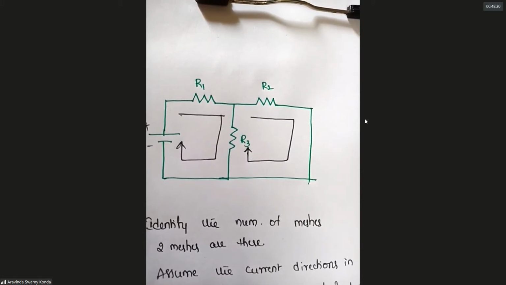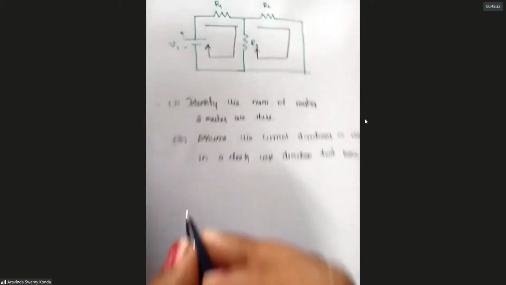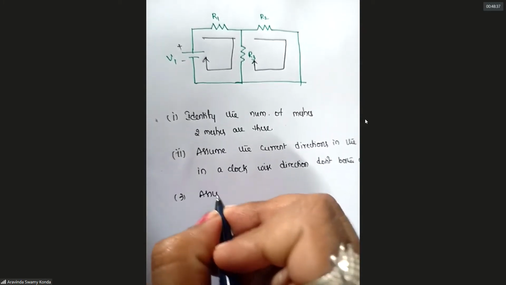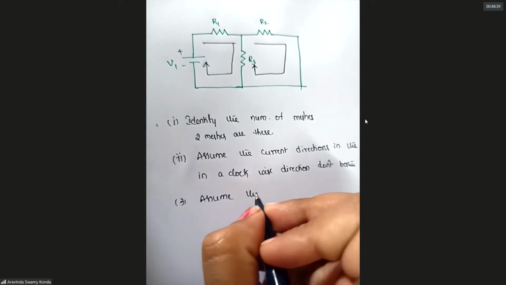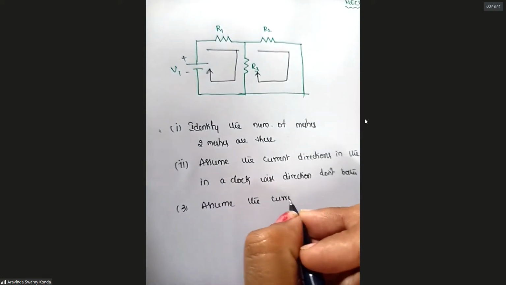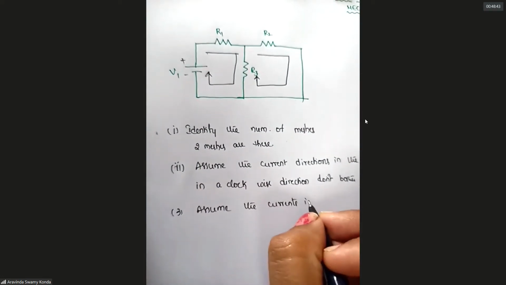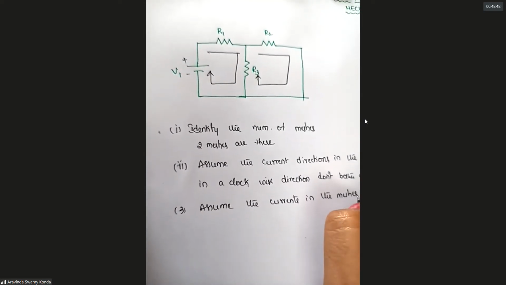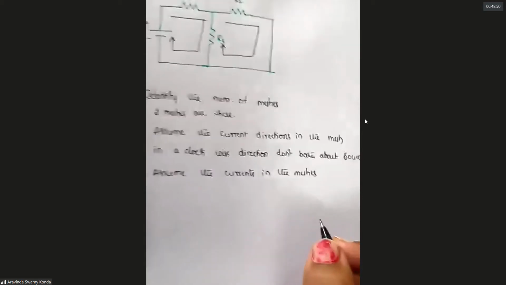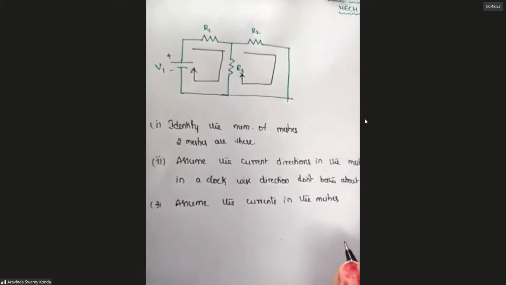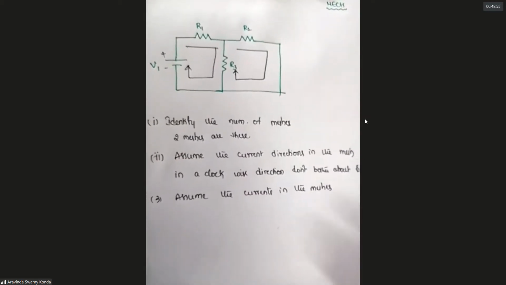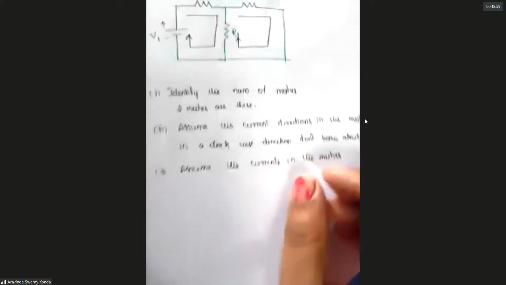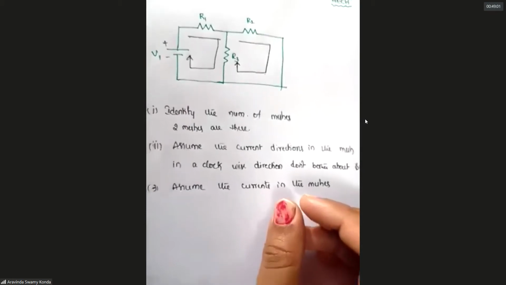Next, third step: assume the currents in the meshes. So how many currents do I want to assume, sir?